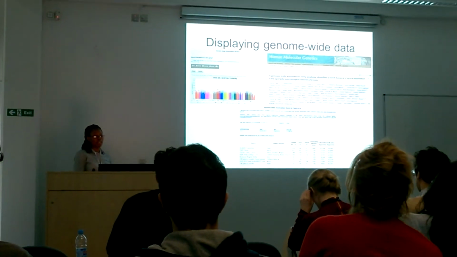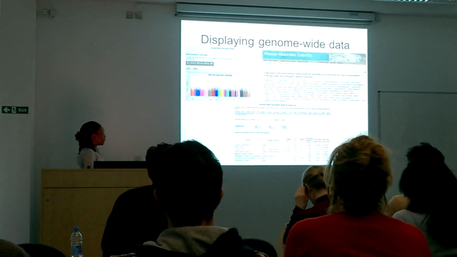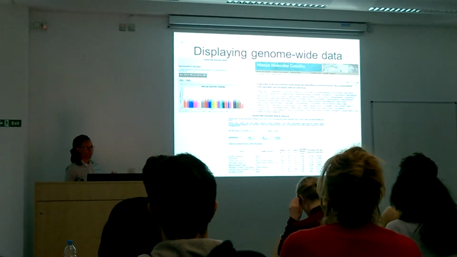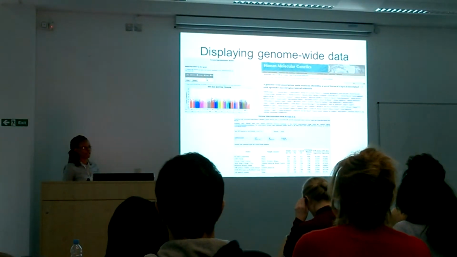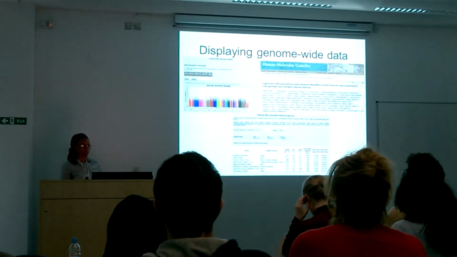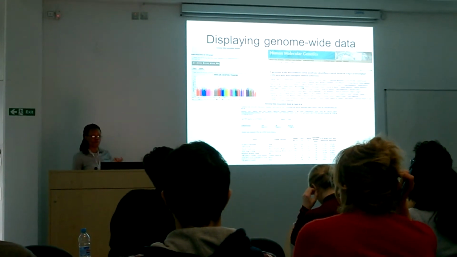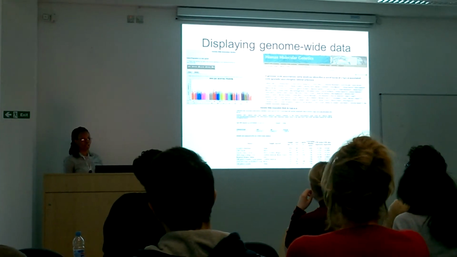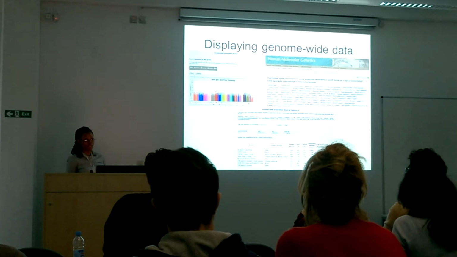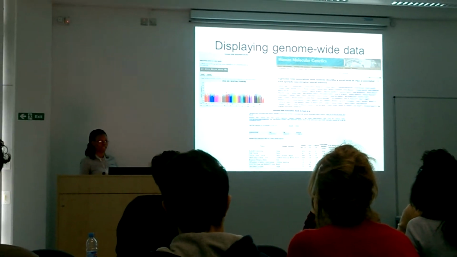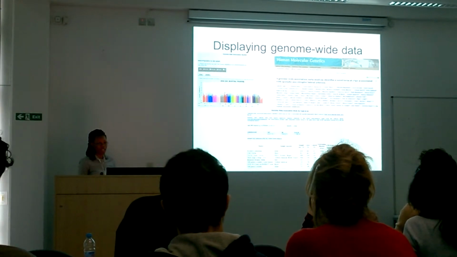And the ALS Online database also displays genome-wide data. Initially it was 5 populations from Professor Al-Chalabi's team, and then it developed into 8 populations. And at the moment we have a recent publication by Dr. Fogh, where there's a genome-wide association meta-analysis identifying a novel locus at chromosome 17.